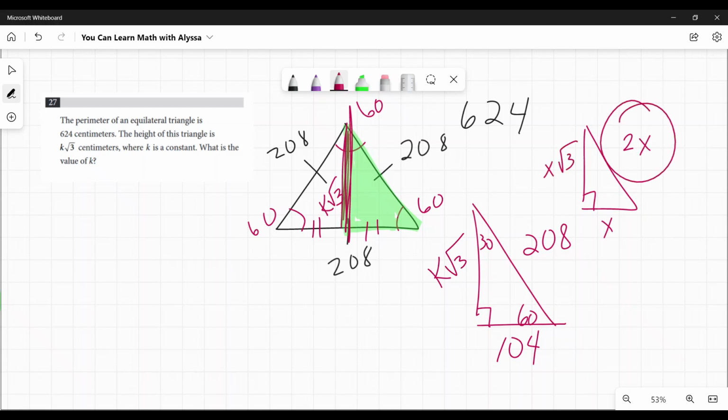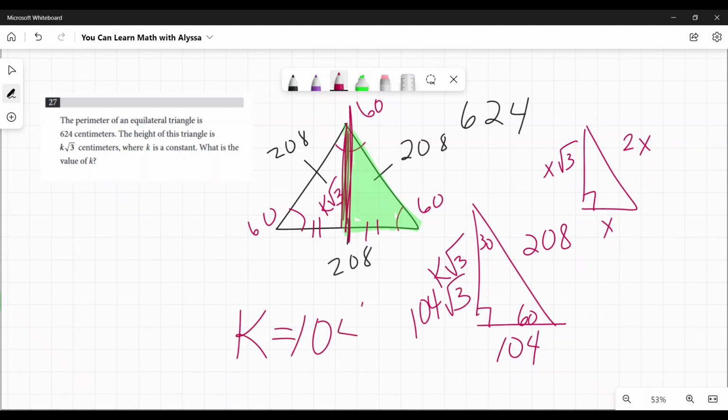So if this is 2x, 208, then this bottom part x, I must divide by 2 and get 104. Then, as we say here, 2x, x square root of 3. Once I have that x on the bottom, I multiply it by the square root of 3 and get that other side. So here this side would be 104 times the square root of 3. So k is equal to 104.